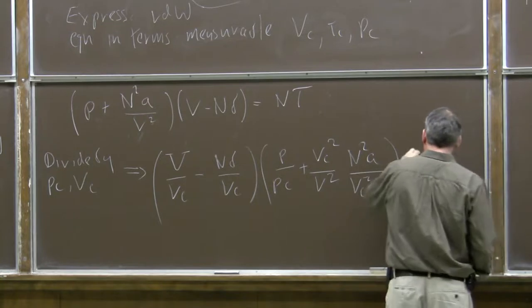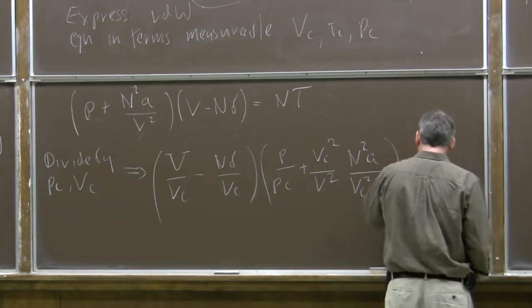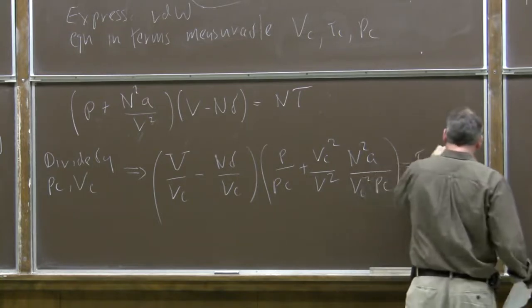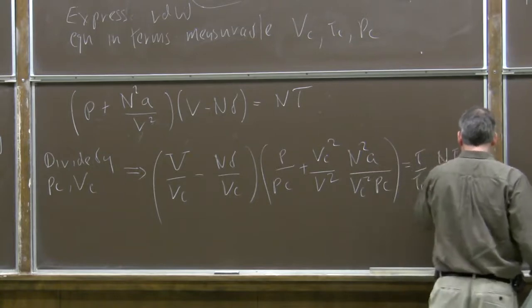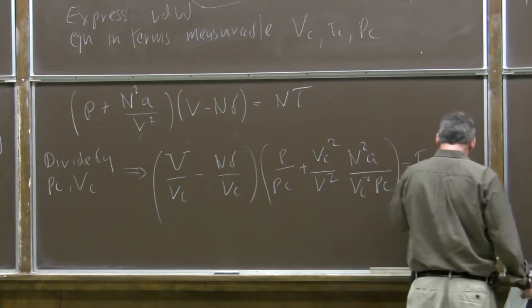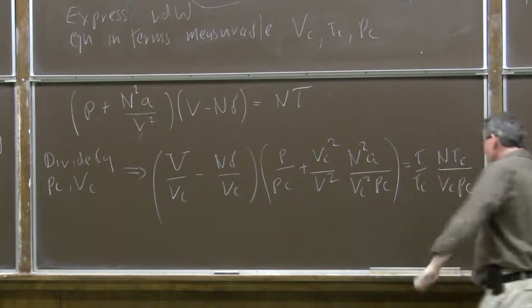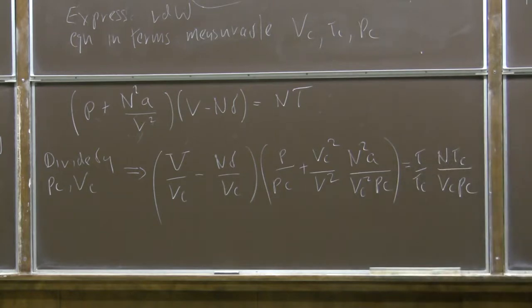And then on the other side, tau over tau C. And then after dividing by tau C, I'll also multiply by tau C. And since I divided the other side by VCPC, I have VCPC in the denominator.